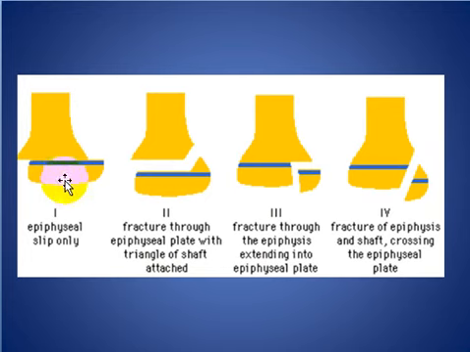Here, this is the type 1 epiphyseal slip only, and here in type 2, a fracture through the epiphyseal plate with a triangular fracture involving the metaphysis, and here a fracture through the epiphysis extended to the epiphyseal plate, and in type 4 a fracture of the epiphysis, metaphysis and epiphyseal plate.